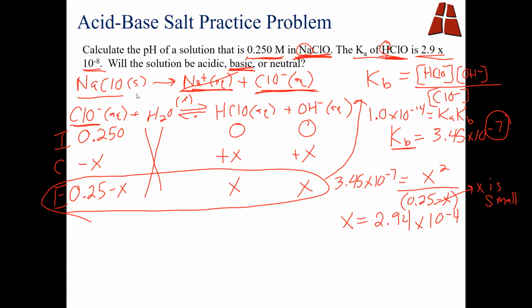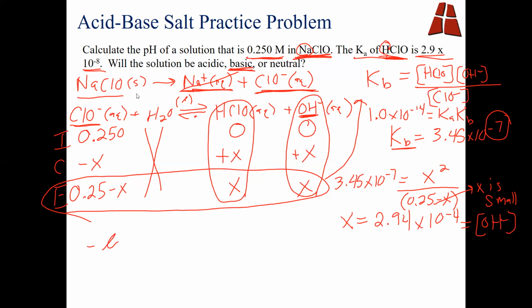Okay, so that's what our x value is, and we can always look back at our ICE chart to see what x is actually equal to. So x is equal to hydroxide, it's also equal to HClO. The one we care about as far as determining the pH is our concentration of hydroxide, OH-. So if we take the negative log of that concentration, 2.94 times 10 to the negative 4th, we get the pOH value.